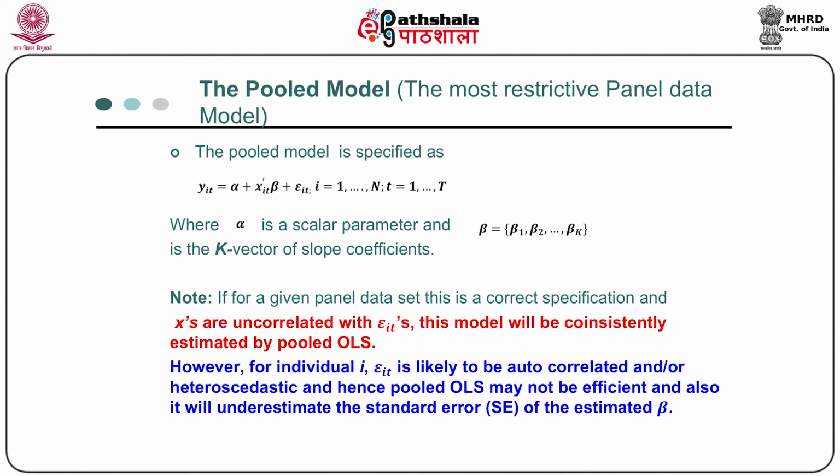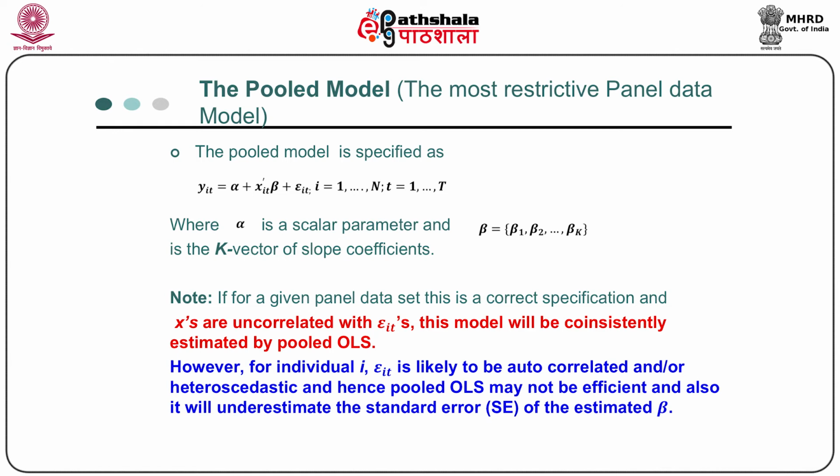Now, consider the pooled model Y_it equal to alpha plus x_it prime beta plus epsilon_it, i running from 1 to n and t running from 1 to T, where alpha is a scalar parameter and beta equal to beta_1, beta_2 up to beta_k is the k vector of slope coefficients.